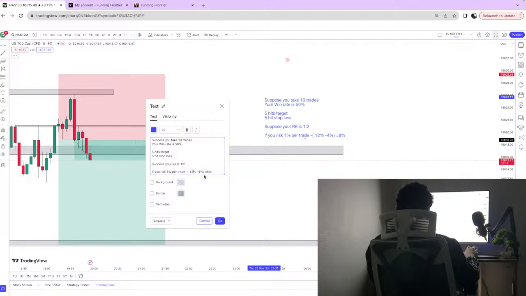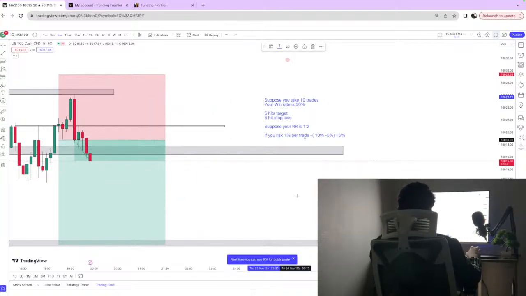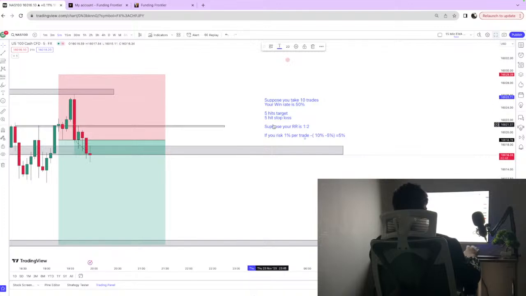So 5 trades are in profit, and in one trade you gain 2%, so in total you gain 10%, and your risk will be 5%. That means net gain is 5%, right? This is how you calculate your risk reward, your win size, your profits and everything. Okay, so it's sufficient for today.